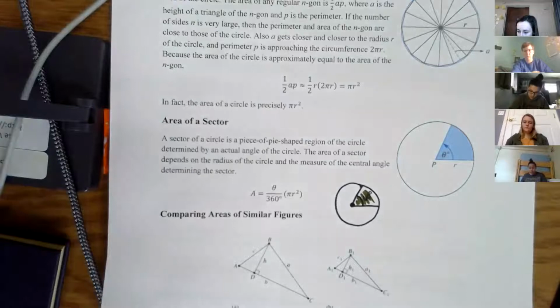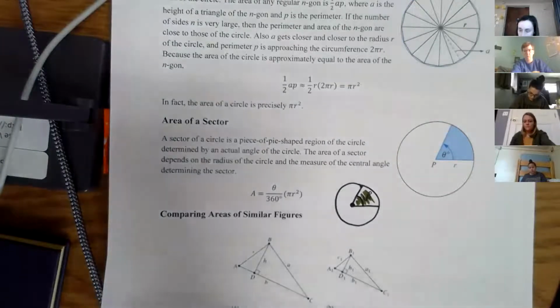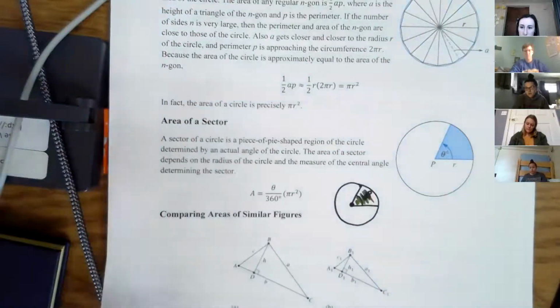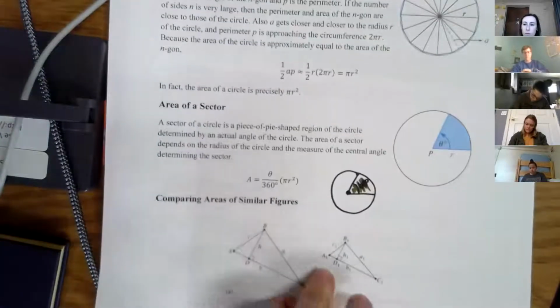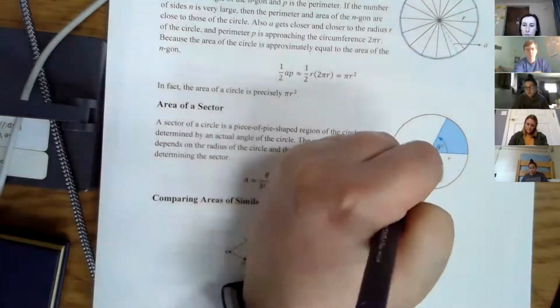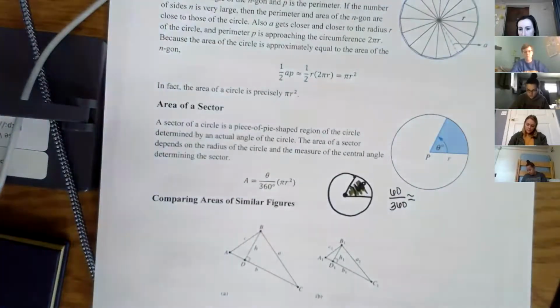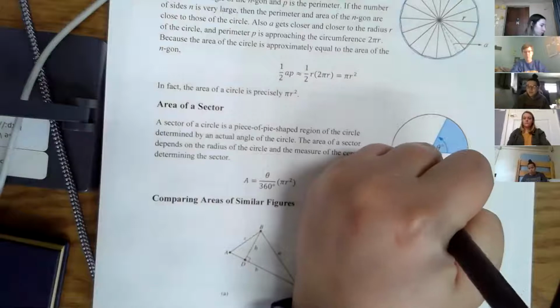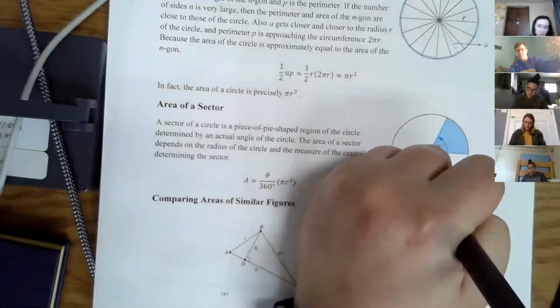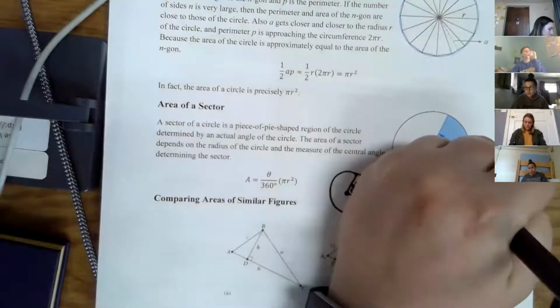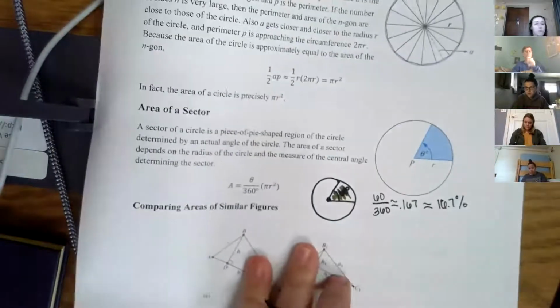If I just take 60 out of 360, that's approximately how much percentage? About 0.17. So that's approximately 16.7% of that circle, right?